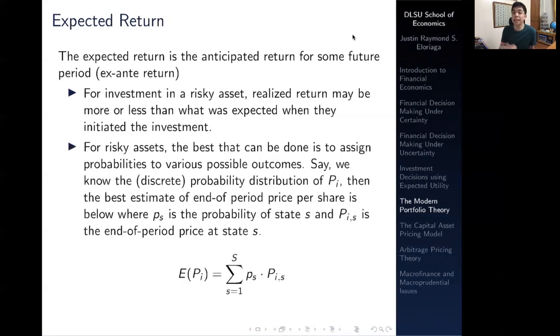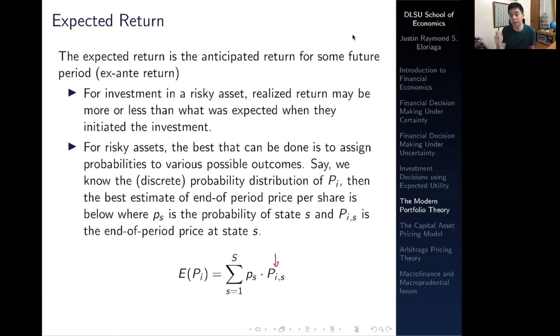Now, for risky assets, the best that can be done is to assign probabilities to various possible outcomes or to various states of the world. Say that we know the discrete probability distribution of P sub I, then the best estimate of the end of period price per share is just this PS term that we have here. It's that PS term, which defines the probability of a particular state of nature, and we have PIS, which is the end of period price.